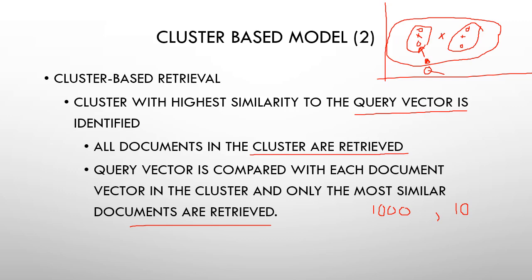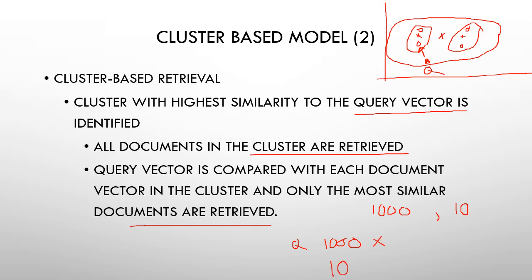So we just divided the 1,000 into 10 clusters evenly. Without the cluster-based model, for each query we have to calculate 1,000 times: the query with document number 1, document number 2, and so on. So 1,000 times.